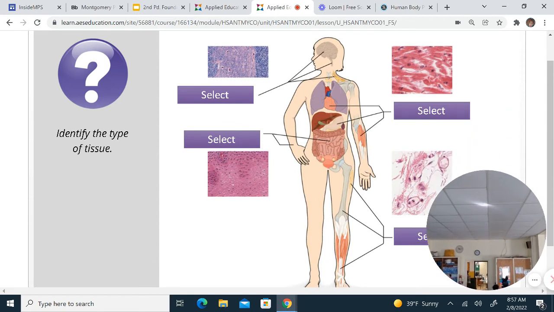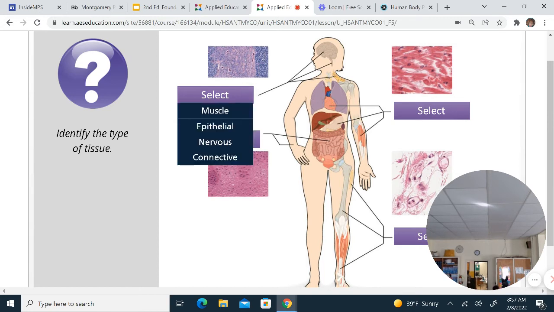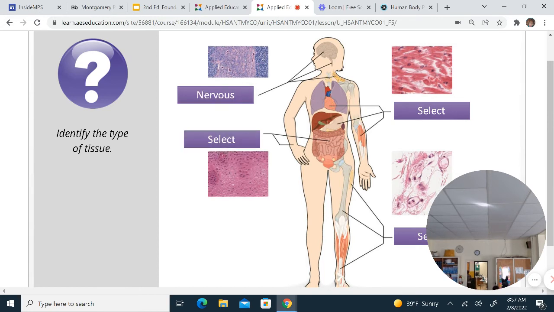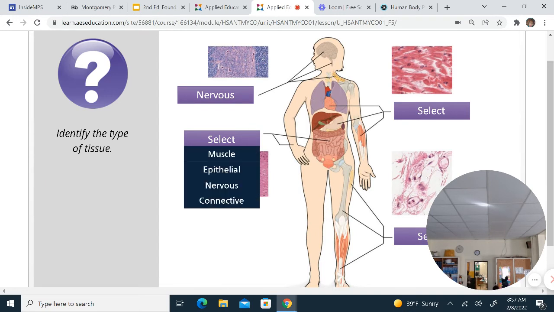Alright, so what type of tissue? Look at where it's pointing. What type of tissue is this? Here? I mean, I'm also nervous. Nervous. What about this one? What's that? So it's pointing to your skin, pointing to your internal organs.